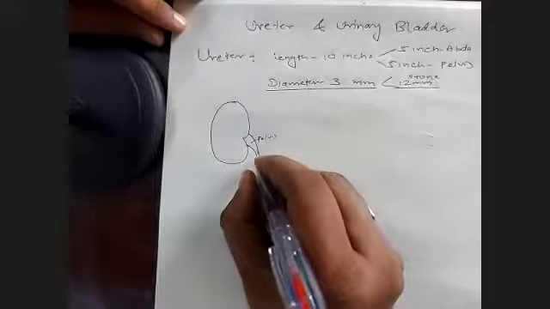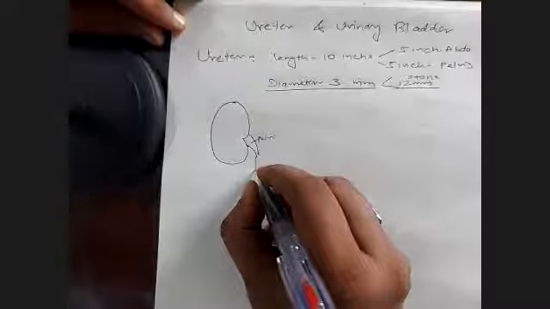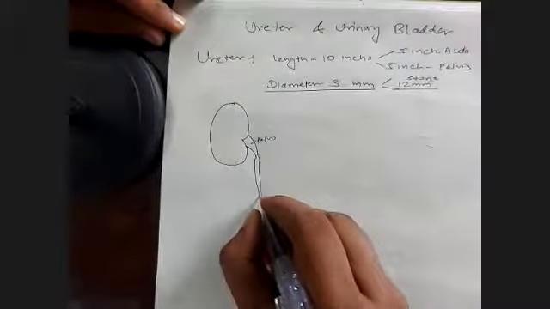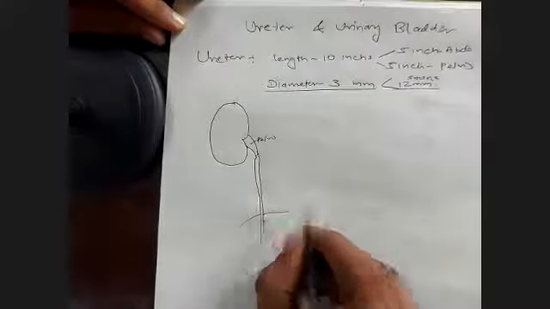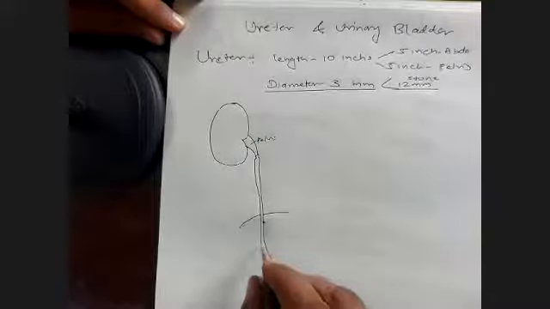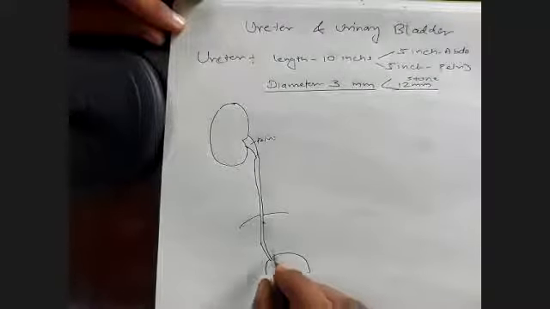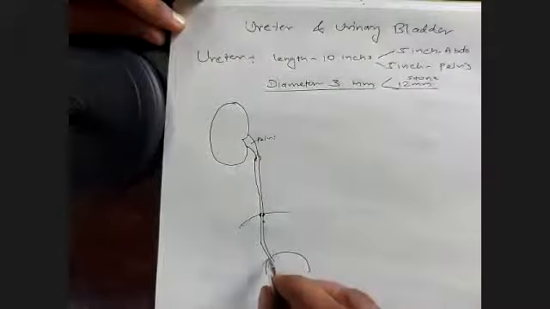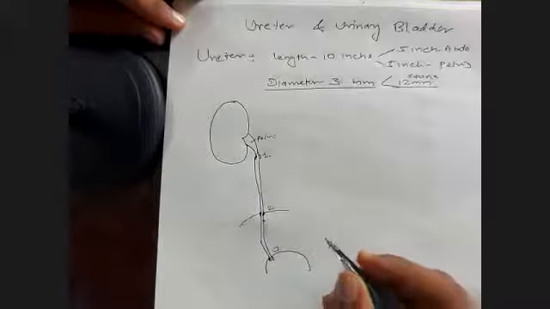At the pelvis of the ureter, we get the first constriction, and then the ureter continues down and crosses the brim of the pelvis, where we get the second constriction. And when the ureter enters the urinary bladder, that is the third point. So here we get one constriction, here one, and here one. So a normal ureter shows 3 constrictions.